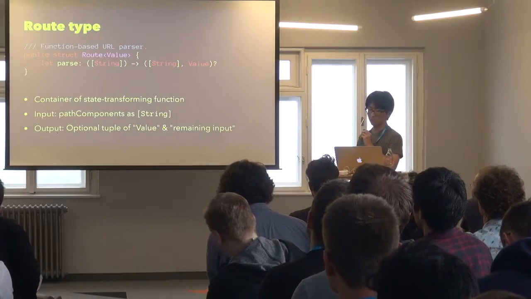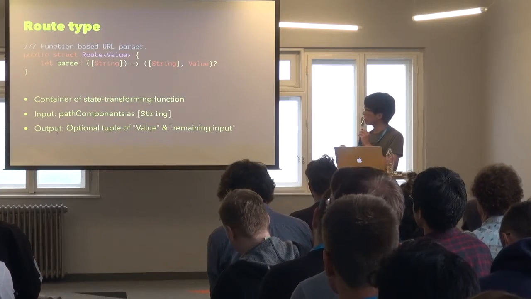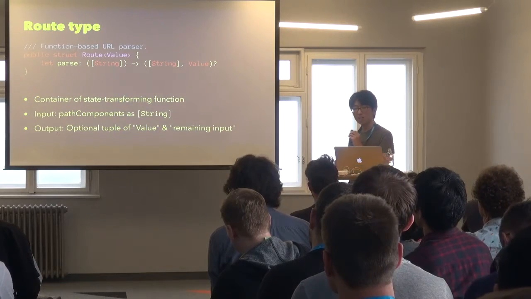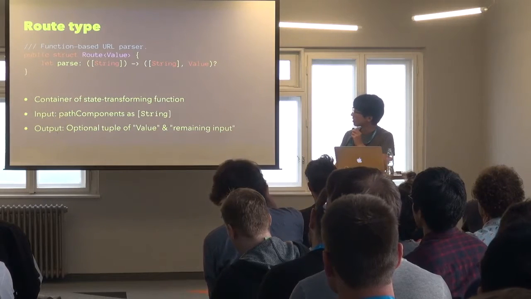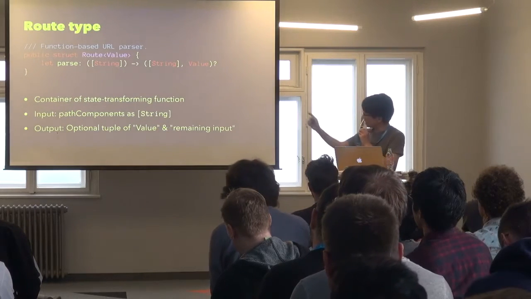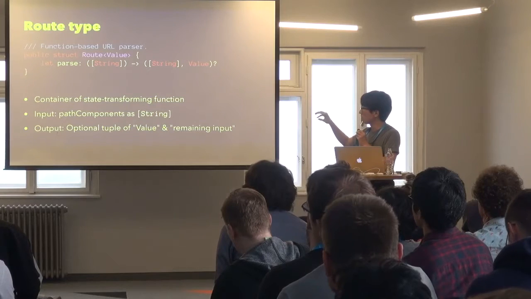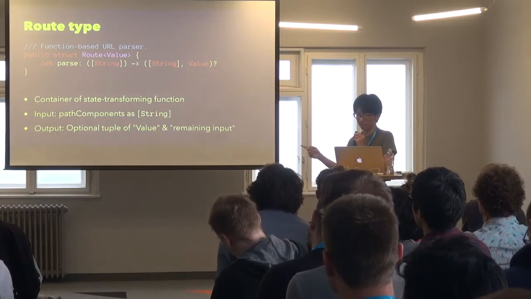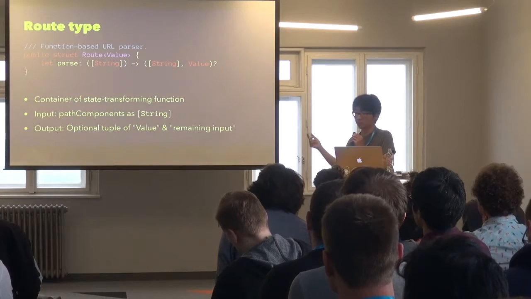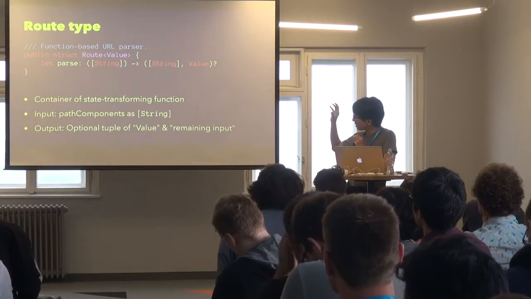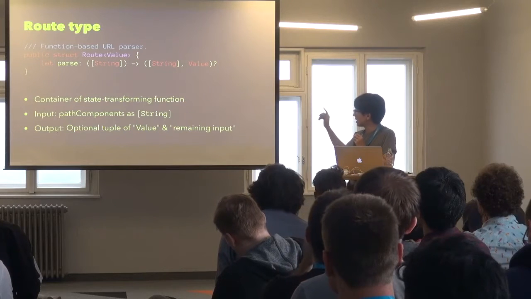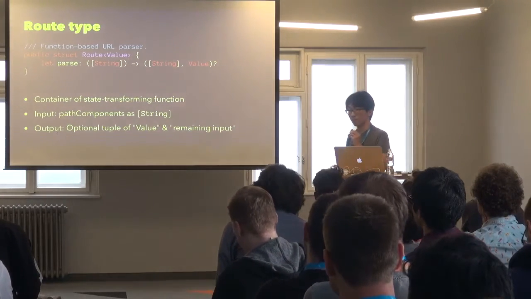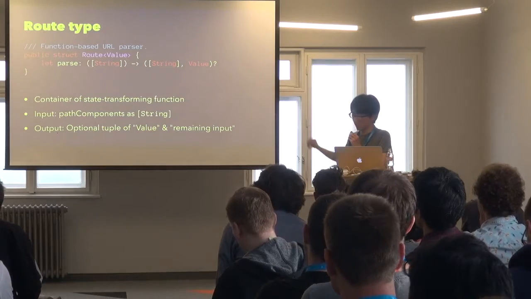Now let's implement the URL routing parser using the idea of the parser combinator. First, we create a simple struct Route here, and it has an internal parse function, which basically takes path components as an argument, and returns a tuple of the remaining path components and the output generic value. Because the parsing may sometimes fail, we use an optional here.